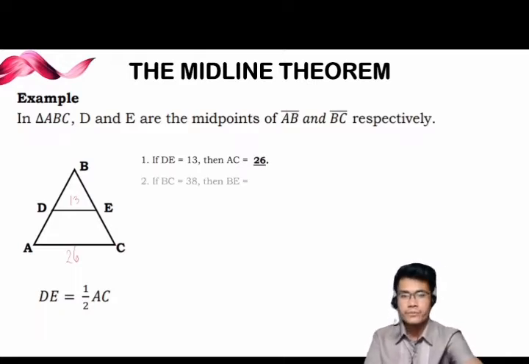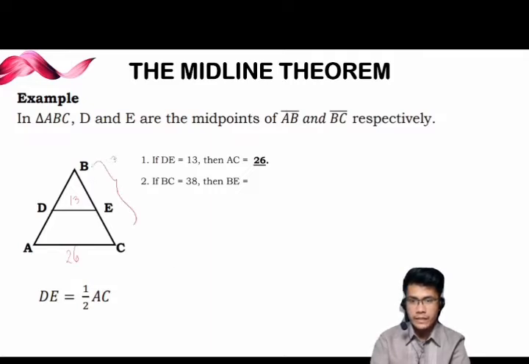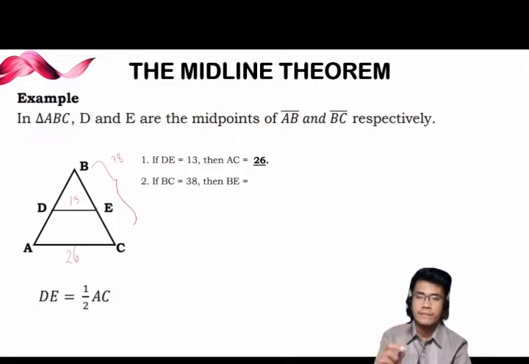Next, number 2. If BC is equal to 38, then what is the measure of segment BE? So this is your side BC, and that's 38. Since you have the midpoint here, take note, the midpoint divides the side into two equal segments. So BE is congruent to EC.